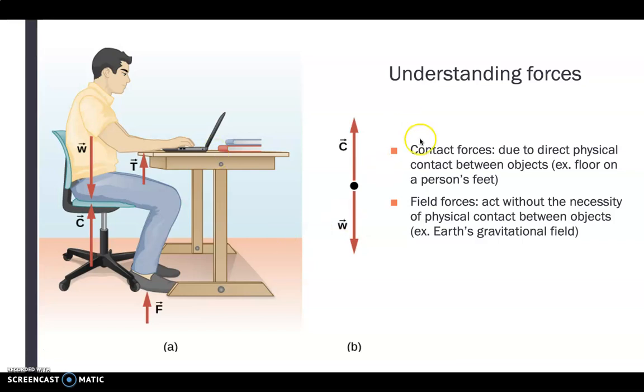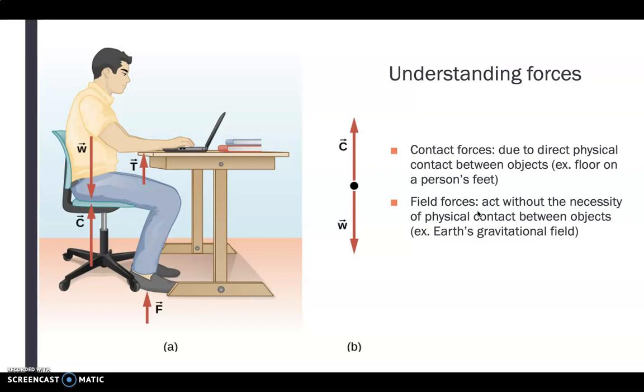Okay, so we have two main types of forces. We have contact forces, which are going to be any type of forces that are due to direct physical contact between objects, and that's what we will see a lot in this course at least. And then we have field forces, which act without the necessity of physical contact between the objects.